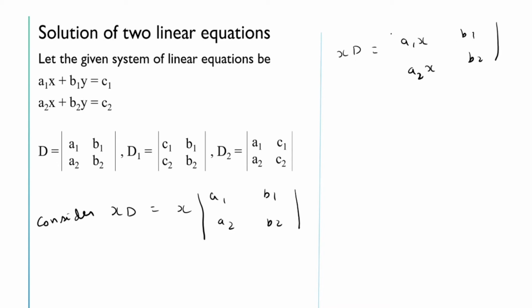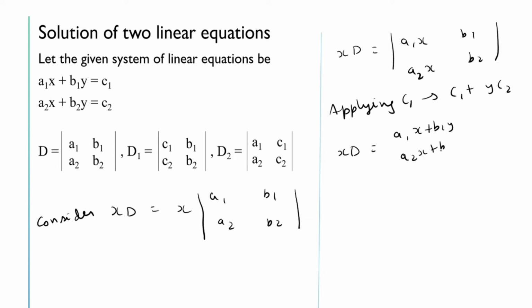Now let us apply the property, changing the first column to column 1 plus y times column 2. So in that case we will have xD is equal to the determinant a1x plus b1y, a2x plus b2y, and here b1, b2.